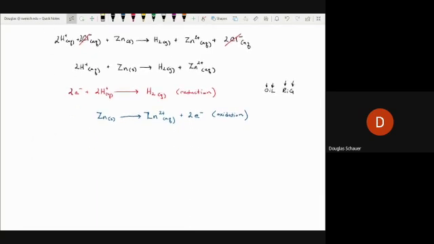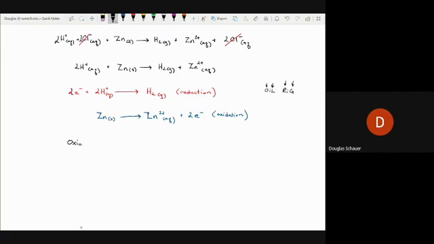Okay. So how do we figure out the number of electrons that are being gained or lost without knowing about bonding theory, which we technically don't know about yet? Well, there's a way. And the best way to do it is to assign oxidation states. Okay.